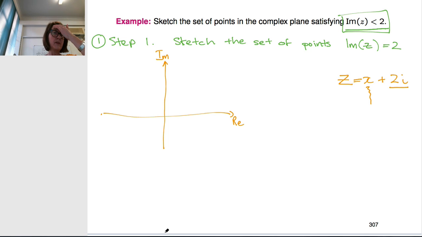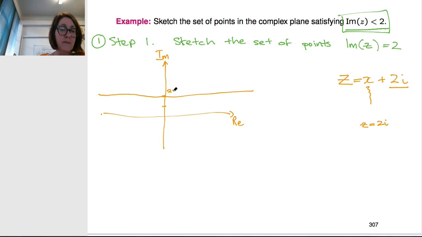So if I was going to come over here now and draw this on the Argand diagram, then I would go up here, so I'm about there, so the imaginary part of z is equal to 2, so that point there is actually z equals 2i. And then if I think about drawing a horizontal line this time, then any point on that horizontal line would look like this one.